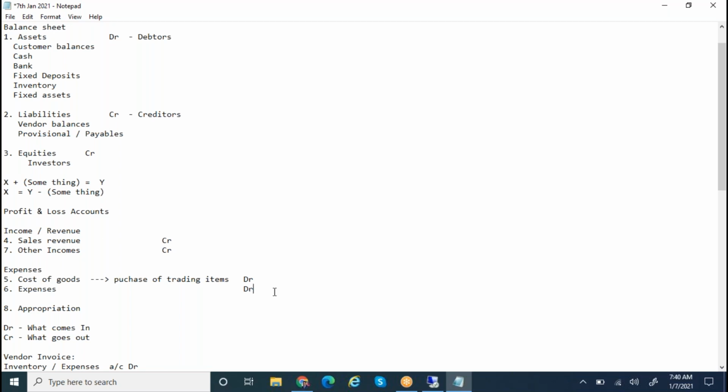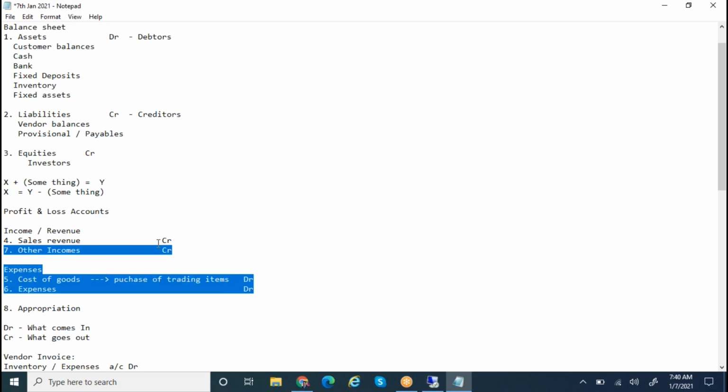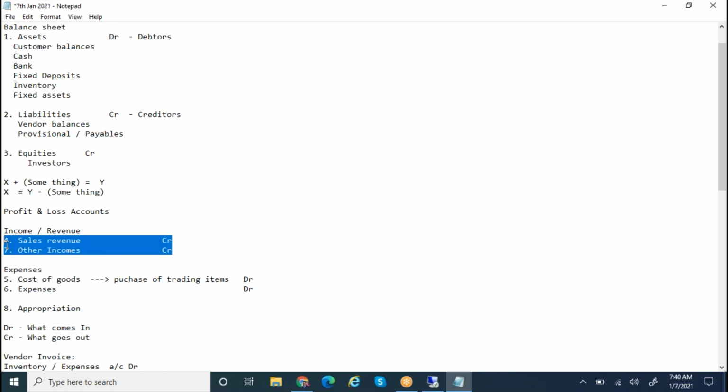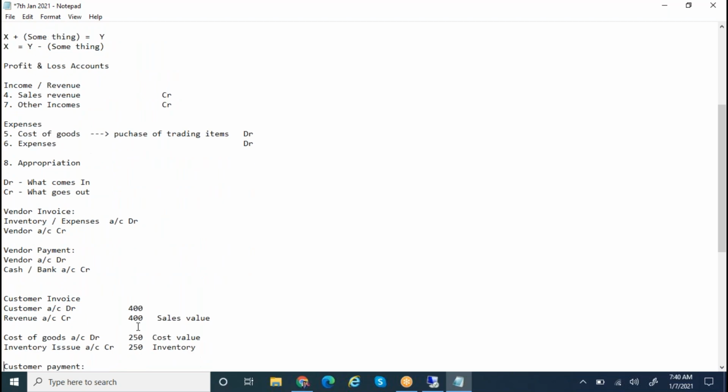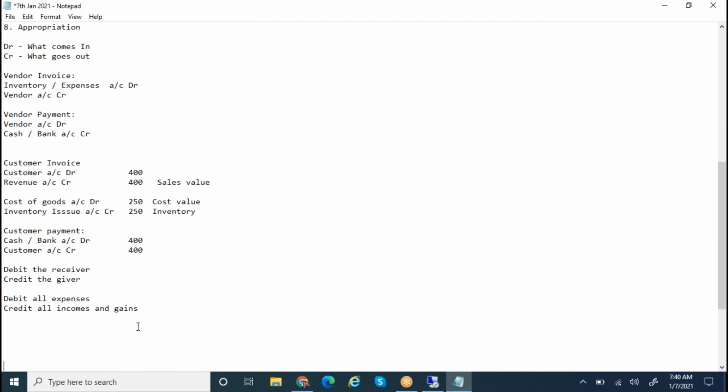So it is opposite actually. Income is credit. It is quite opposite actually. Debit here. So for understanding purpose only, I have prepared this one rule, but it is simply the same. Am I right?